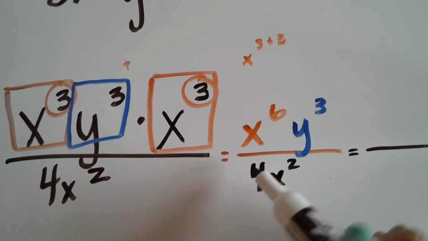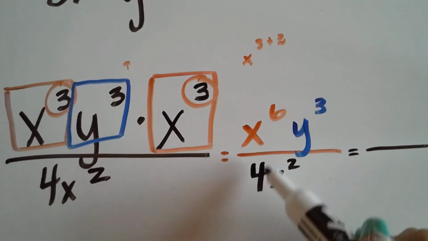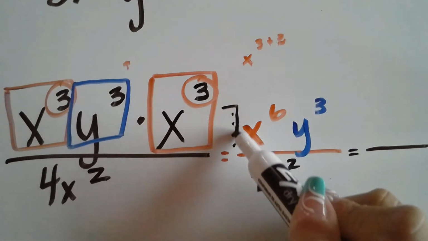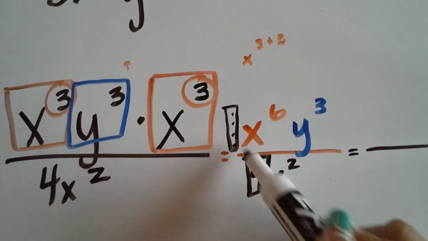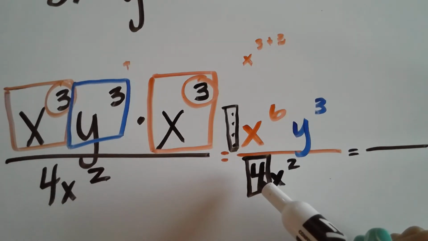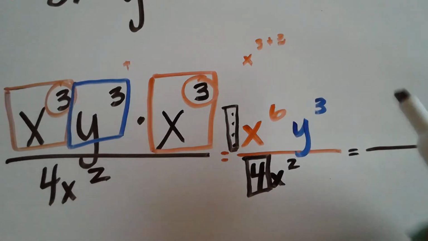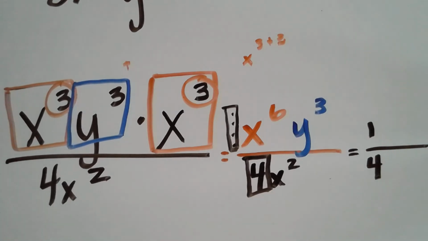Okay. Now let's simplify this even further. We need to identify what our coefficient is here. Because we have our 4 down here, our coefficient in the numerator is that imaginary 1. So we're going to divide like normal. 1 divided by 4, you really can't divide this unless you would get a fraction, so we're just going to leave it as 1/4. Now we're going to combine our x's.